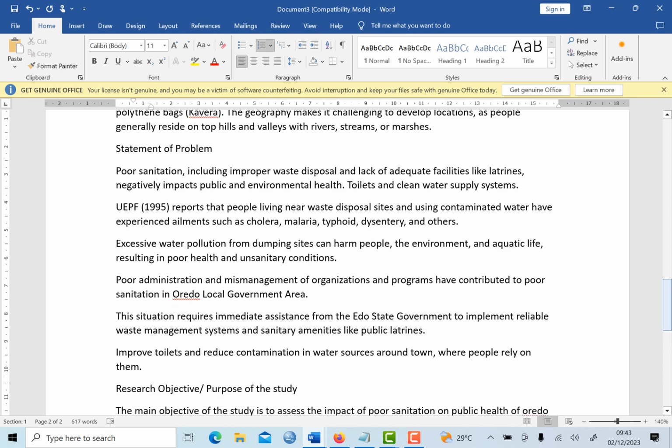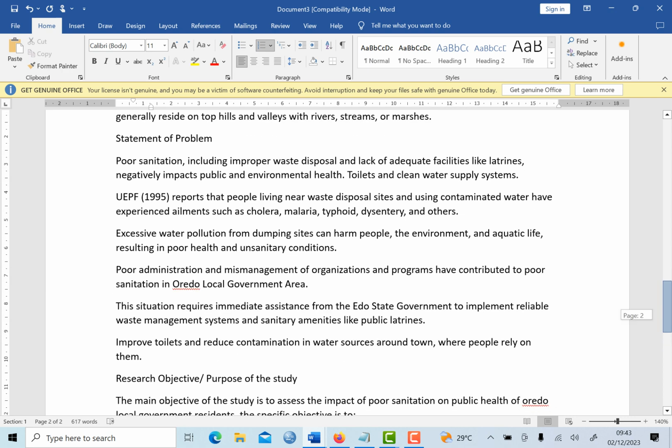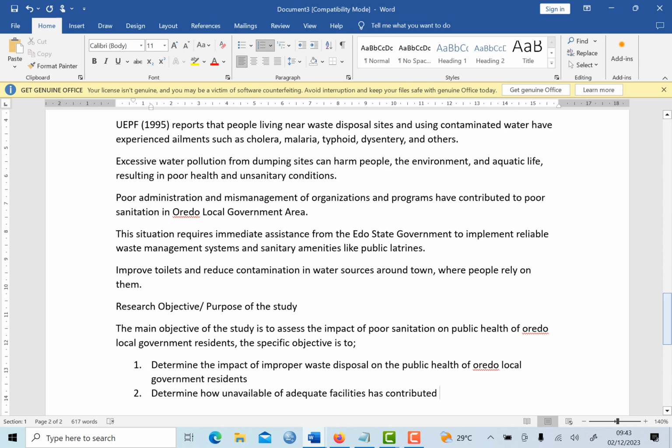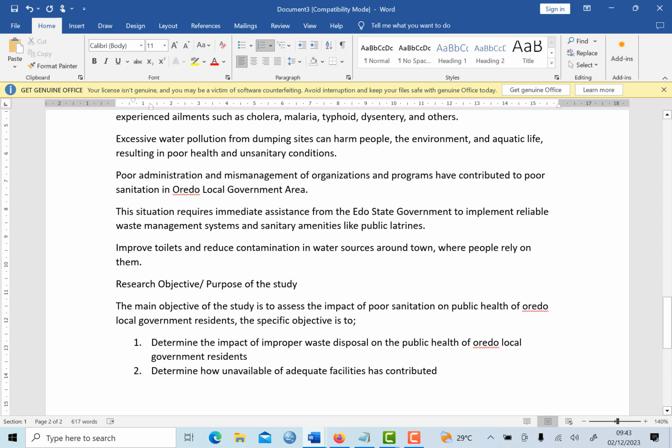Adequate facilities like latrines, toilets, and clean water supply system has contributed to the public health of Oredo local government residents.